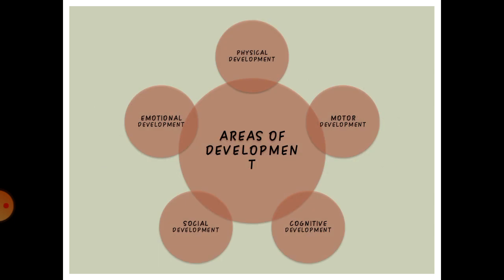There are five areas of development. First is physical development, then motor development, cognitive development, social development, and the last one is emotional development. All five developments in a human are very important, and their proper development is equally necessary.